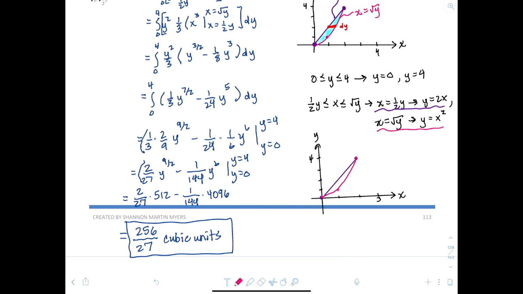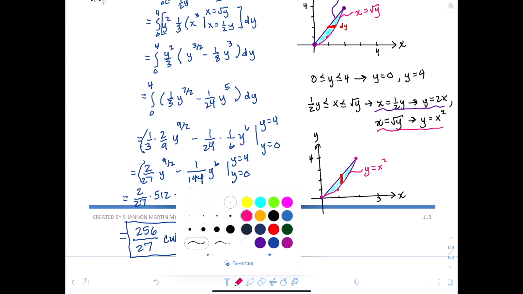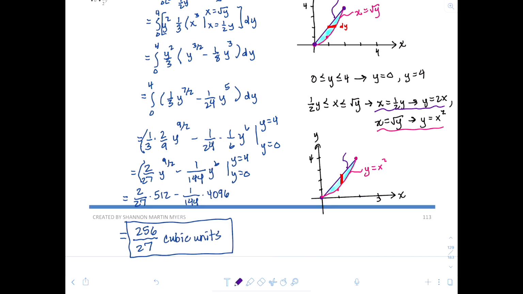But what would happen is our region, we still have this region, but our rectangles would be vertical, right? So this one would now be y is x squared, the pink, and we would have the purple as y is 2x.